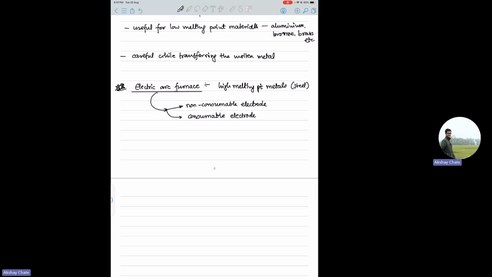We'll see such things in metal arc welding also later on, but the principle remains the same. The main advantage is that here no coke or combustion fuel is required. So this becomes environmentally friendly.